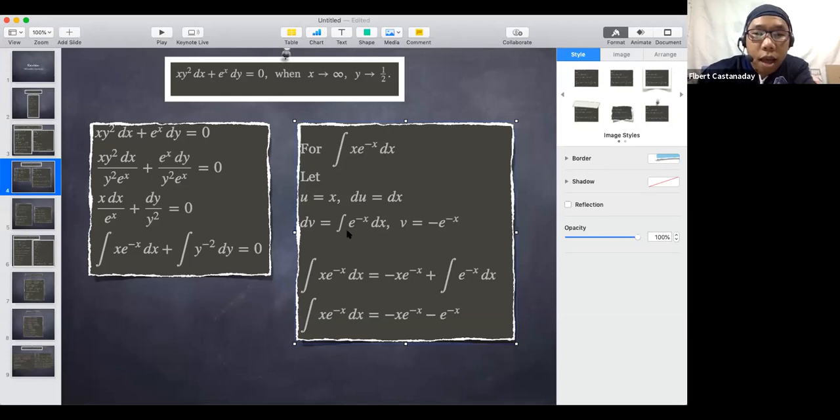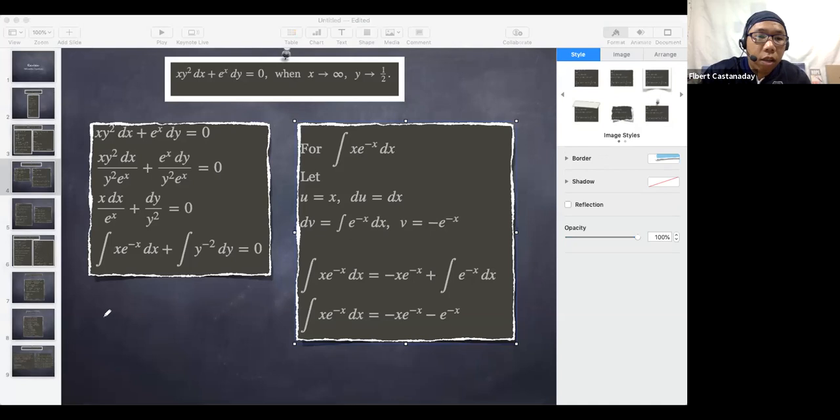Okay, now that we have the value of v and du, if you remember integration by parts, the integral of u times dv, guys. Integration by parts, integral of u times dv.